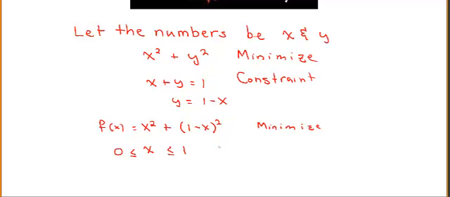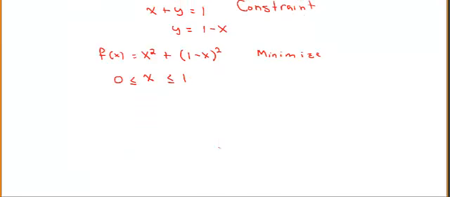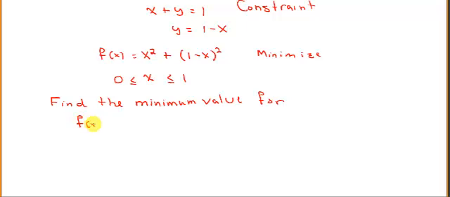So another way of writing this is: find the minimum value for f of x equals x squared plus 1 minus x, the quantity squared, where x is on this closed and bounded interval from 0 to 1.